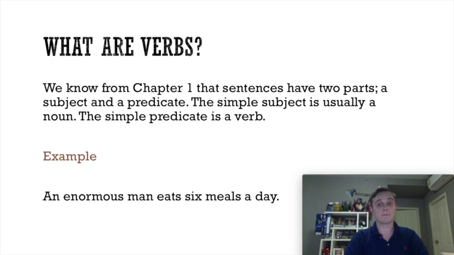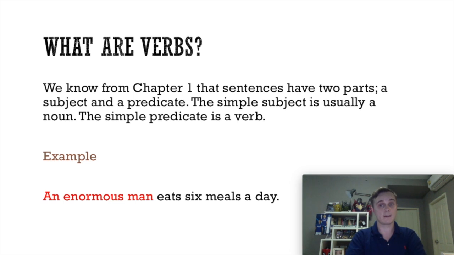Forget about verbs for a second. I want you to find the subject, the complete subject. What is the complete subject of that sentence? Hopefully you found an enormous man.